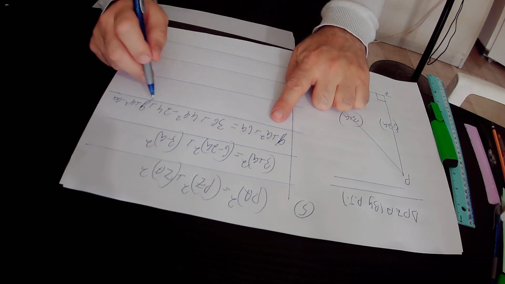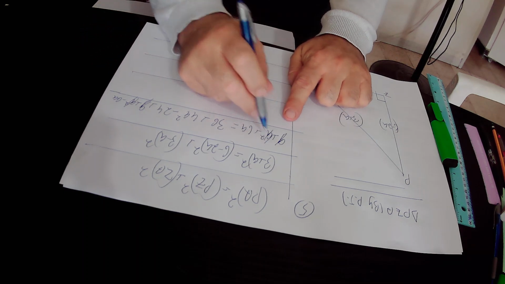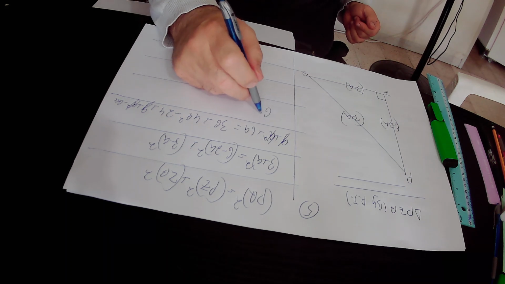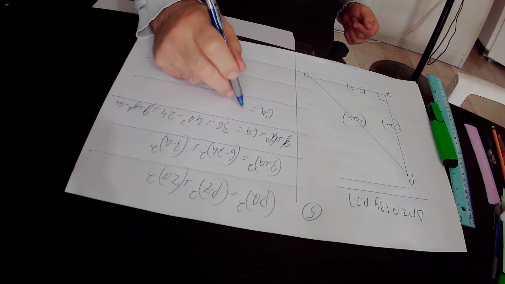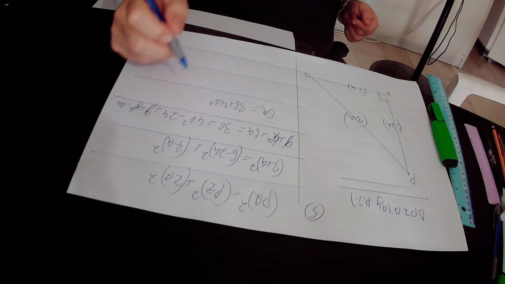We have also A squared on both sides of the equation, so A squared also will get cancelled. After we cancel those two expressions, on this side of the equation we are left only with 6A.